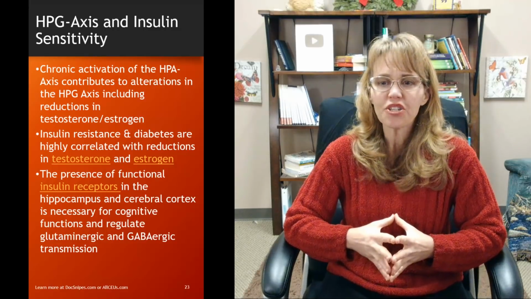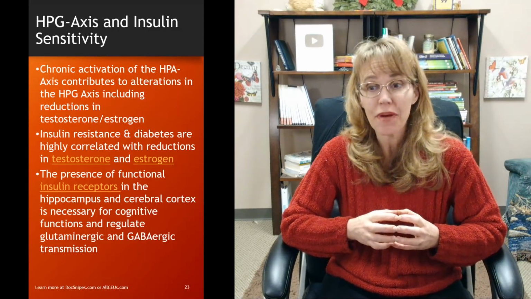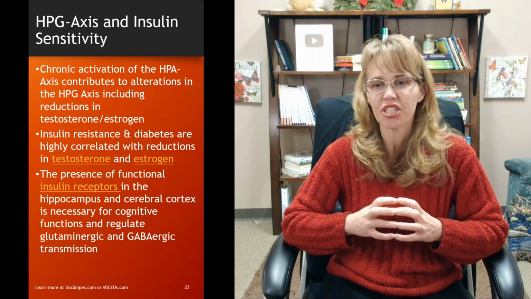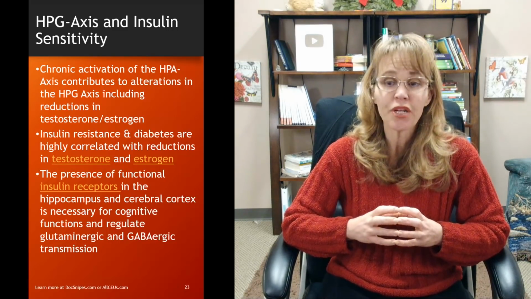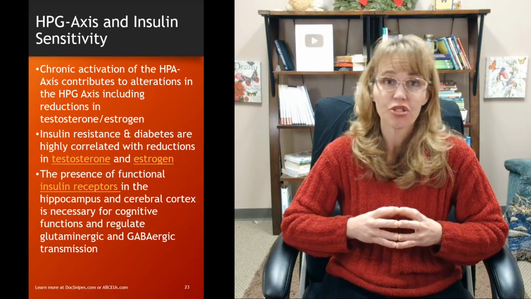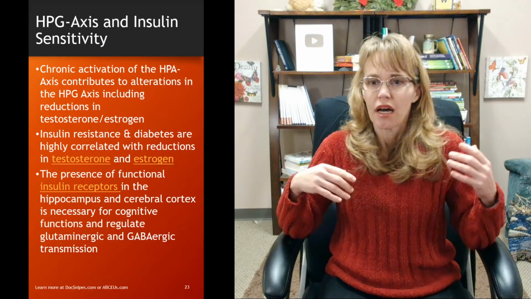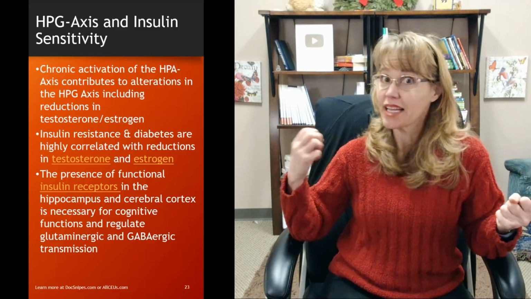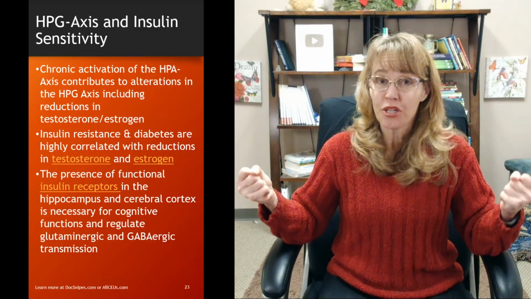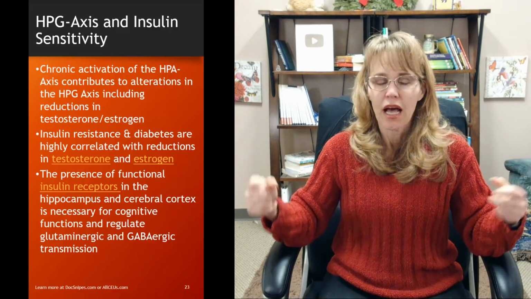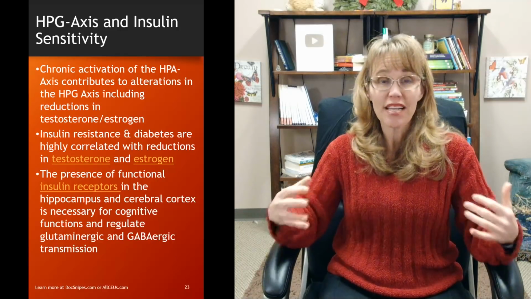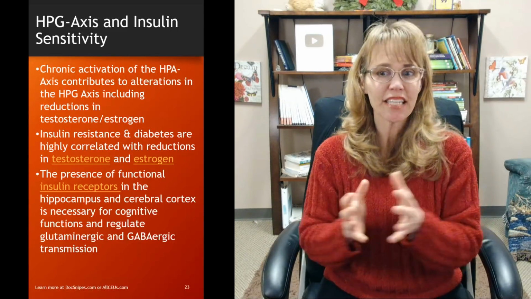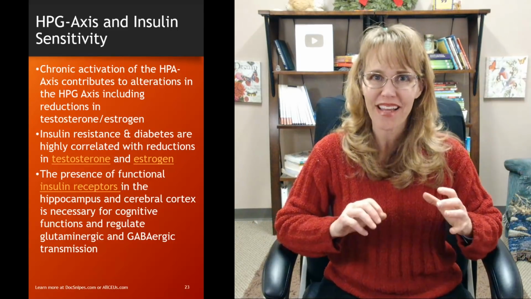The presence of functional insulin receptors in the hippocampus and cerebral cortex is necessary for cognitive functioning and regulates glutaminergic and GABAergic transmission. In order for glutamate, our stress hormone, and GABA, our relaxation hormone, to function, it requires the presence of functioning, non-resistant insulin receptors in certain parts of the brain.